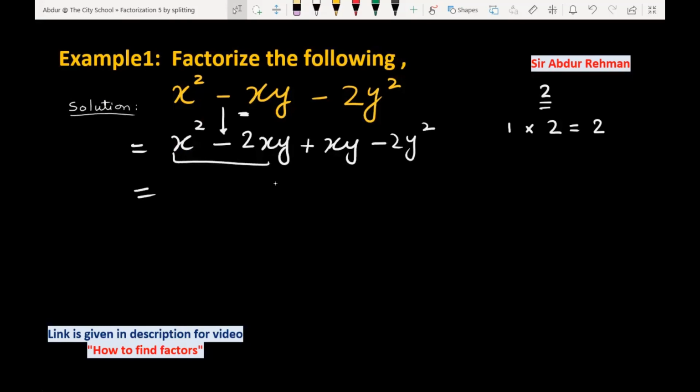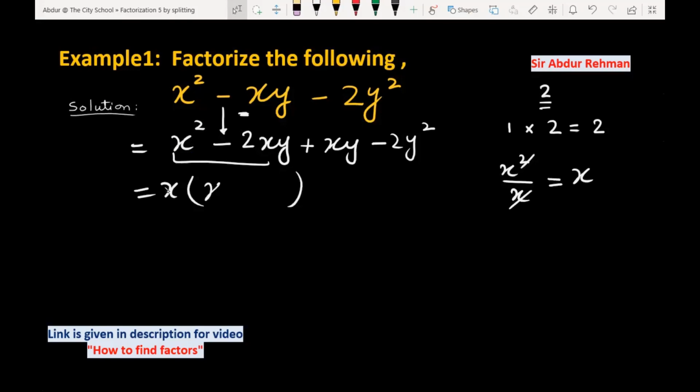By grouping, find out the common factor. In this first group, x square minus 2xy, x is common here. So I'm going to write x and bracket. When you divide x square by the common x, you will get x.